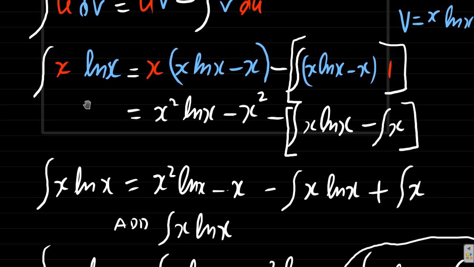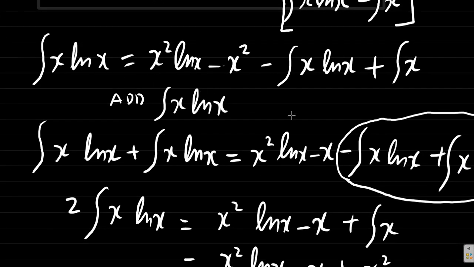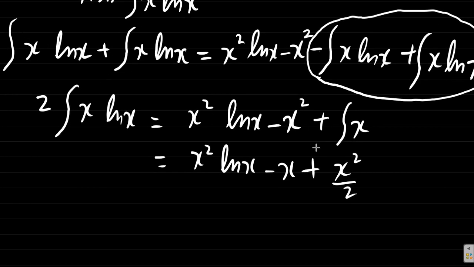So here now, I just realized that that was left out. So this is supposed to be squared. This x is supposed to be squared. This is supposed to be a square as well. Now, simplifying, this is x squared ln x.